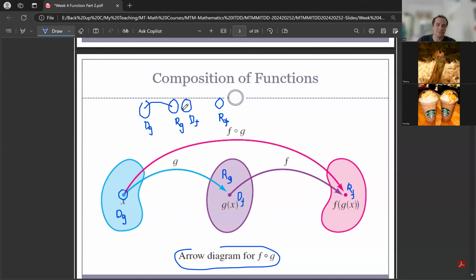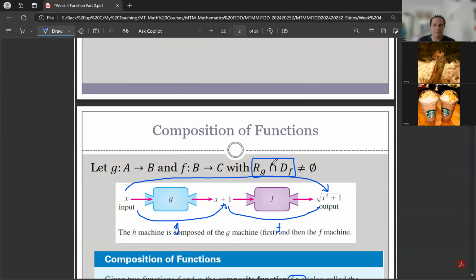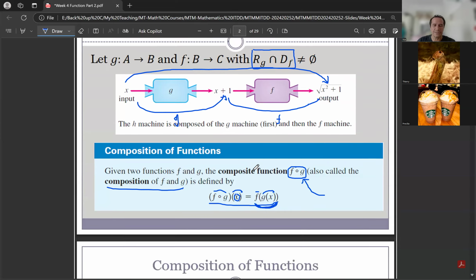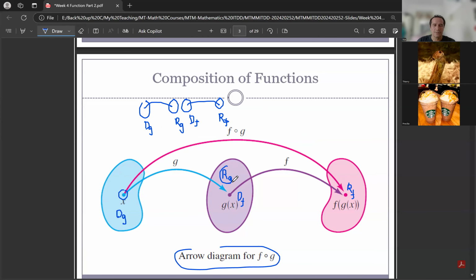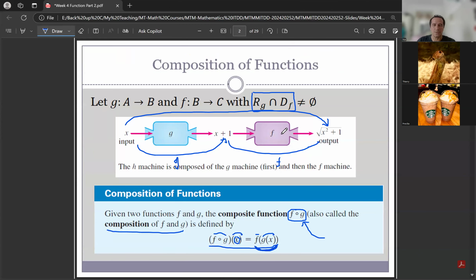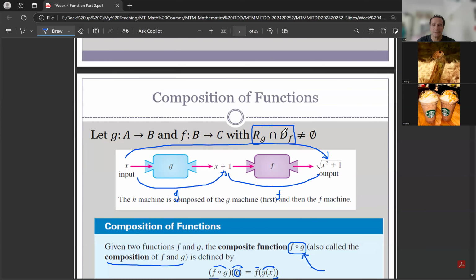Because there is no intersection, these are two separate functions, so this is not a composition. So the intersection between R_g and D_f should not be equal to the empty set; the intersection must be a non-empty set.